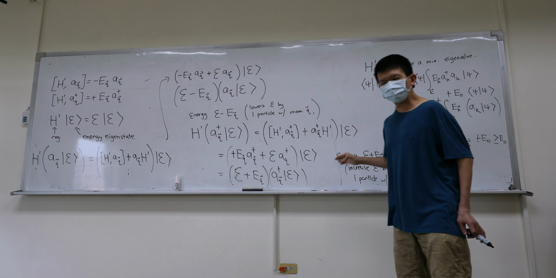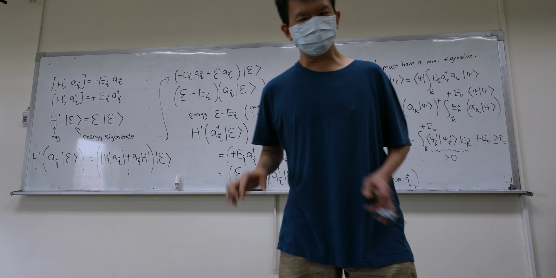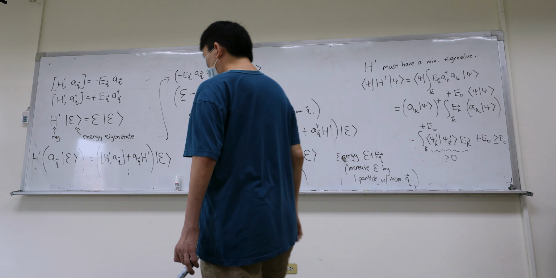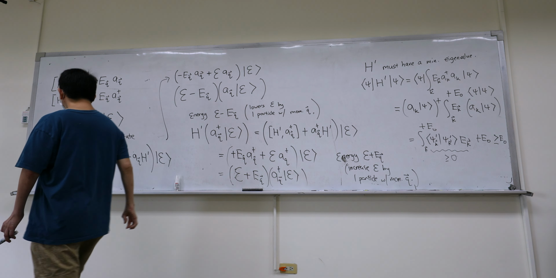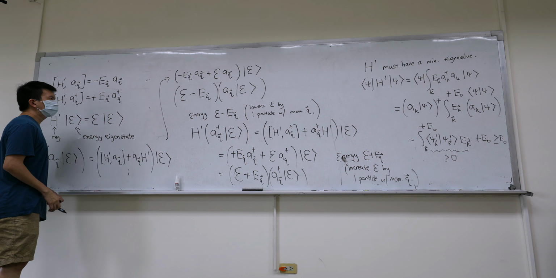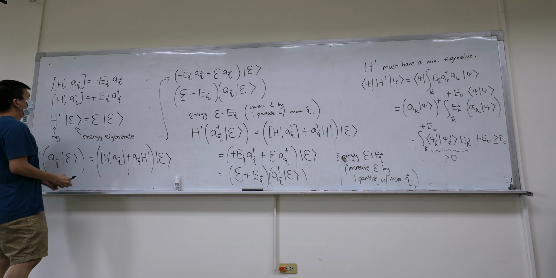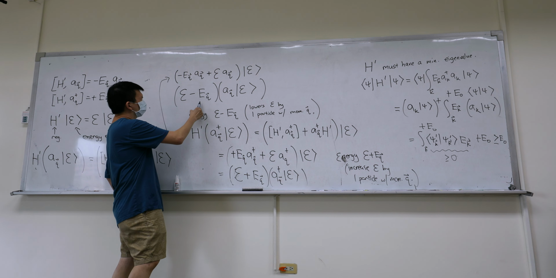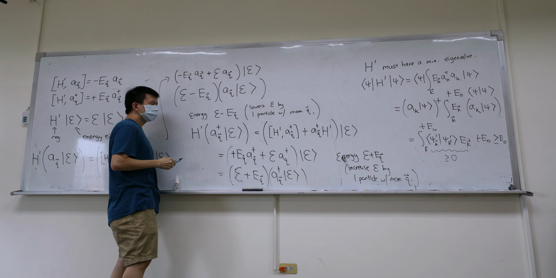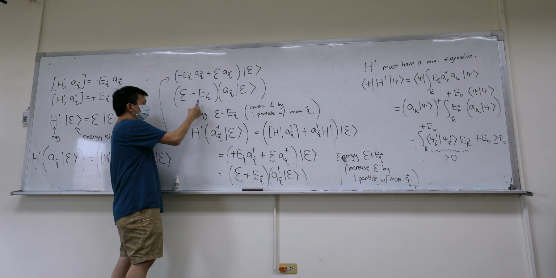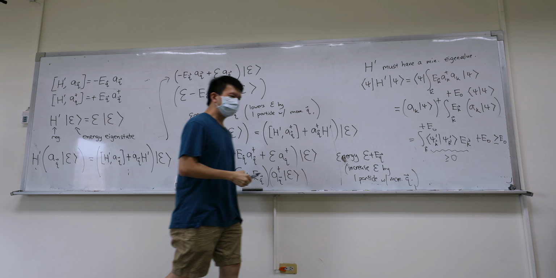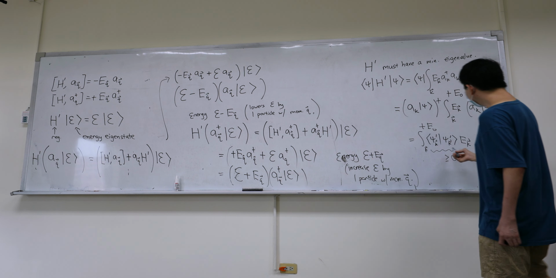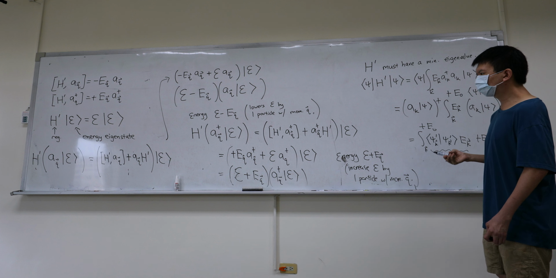So if you buy my argument, we can regulate it, and with the regularized Hamiltonian, I claim it must have a lower bound. And this is important because that means that there must be a point where I can keep lowering. So remember, I can lower the energy by 1 unit by just applying the lowering operator. I can also raise it. But raising, seems to me that you can keep going, right?